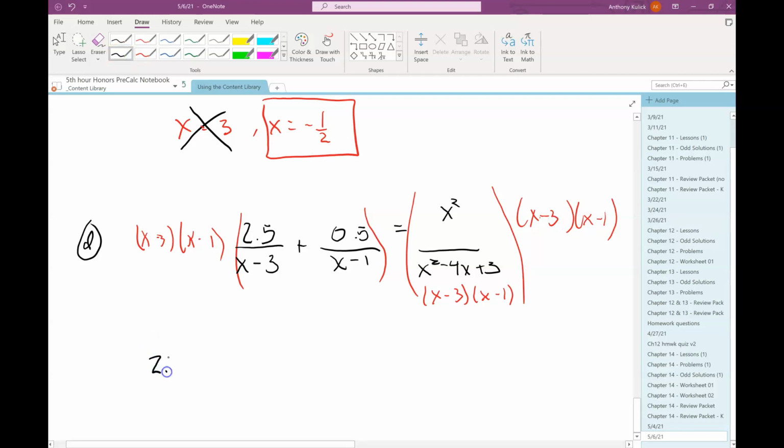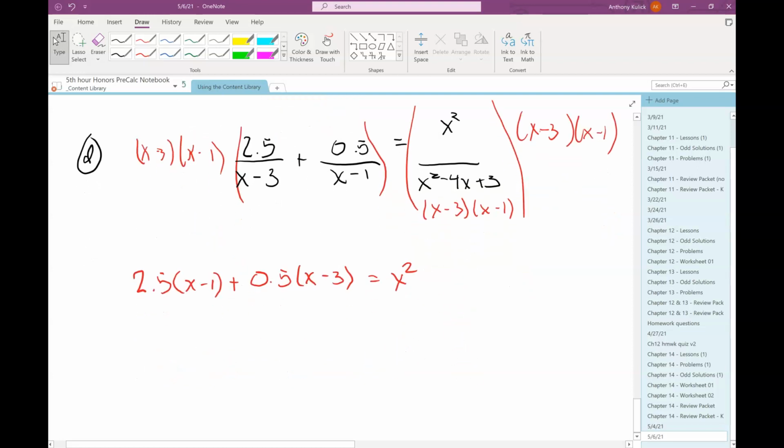So I get this, I have 2.5 times x minus 1 plus 0.5 times x minus 3 equals x squared. And at this point, it might be tempting to say, hey, I'm going to multiply both sides by 2 to get rid of the decimals here.